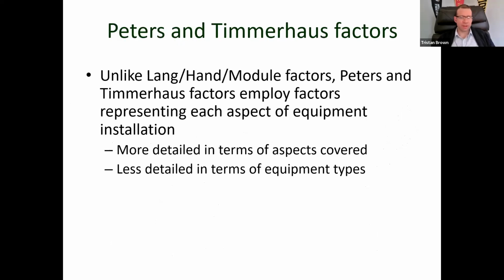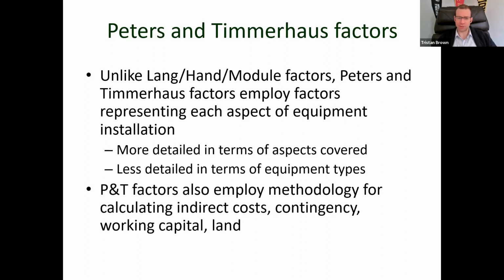The most recent development, and this is the one that we see most common nowadays, is what's termed Peters and Timmerhouse factors. And these are done rather differently. Unlike the Lang, the hand, the module factors, Peters and Timmerhouse factors employ factors representing each aspect of equipment installation. So we're not talking about equipment types, right? This is more general than equipment types, but it's more detailed in terms of the types of processes that are going to be utilized.